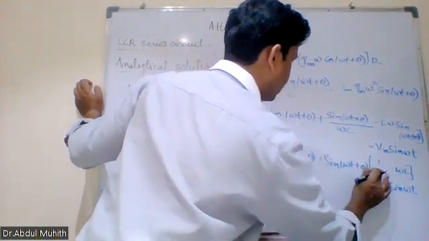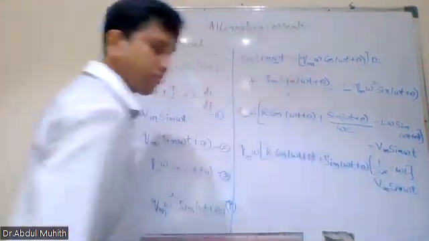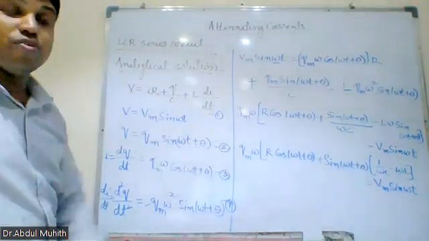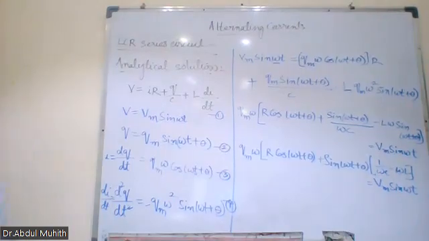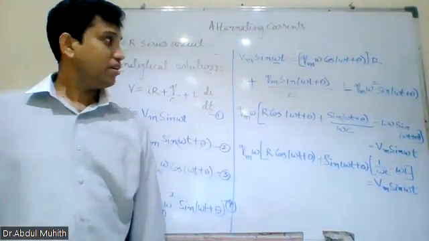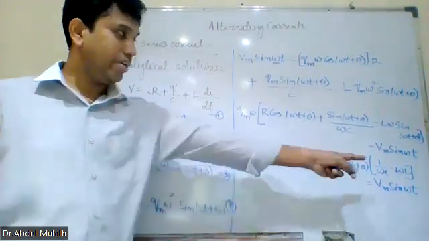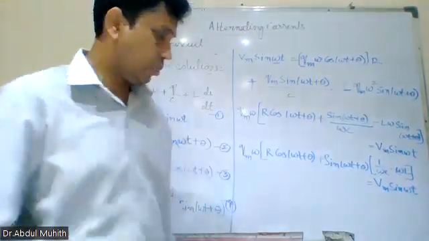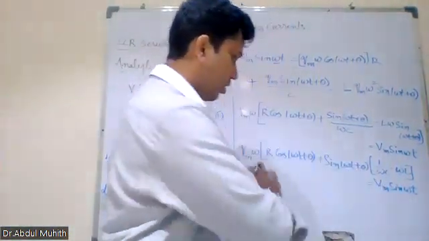What is 1 by omega C? XC, very good. What is omega L? XL, very good. So can I replace this here itself instead of writing the whole equation?